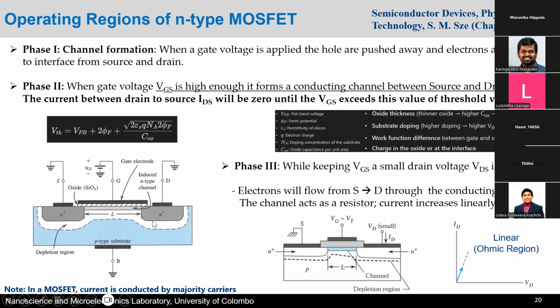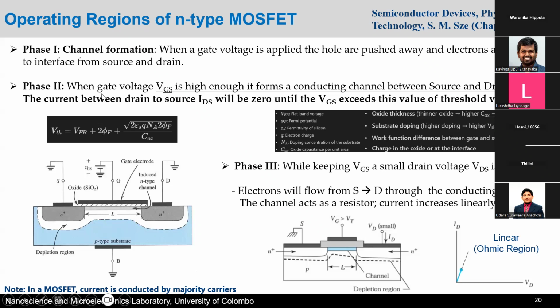And so if this number of electrons is quite small, then it won't conduct any electricity, right? There is no channel formation, and that's called the subthreshold region for the transistor, right?